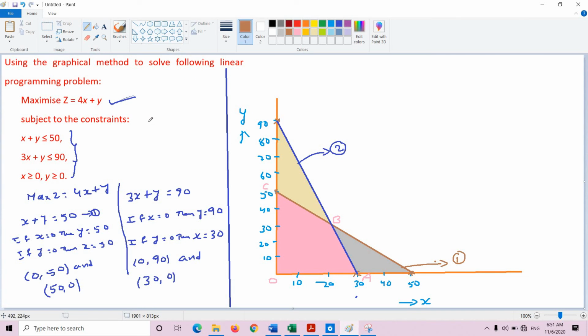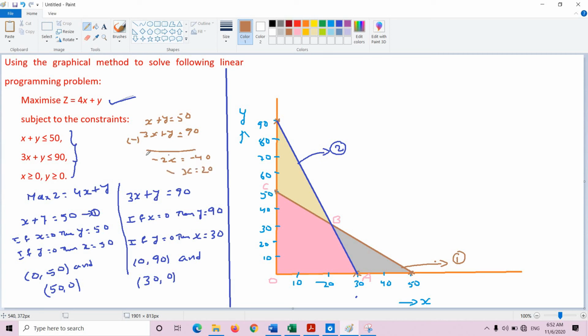See, x plus y equal to 50. I am finding the intersecting point here. How to find it? 3x plus y equal to 90. Right. Now when I subtract these two equations, I get minus 2x equal to minus 40. Sorry, that is x equal to 20 I am getting.